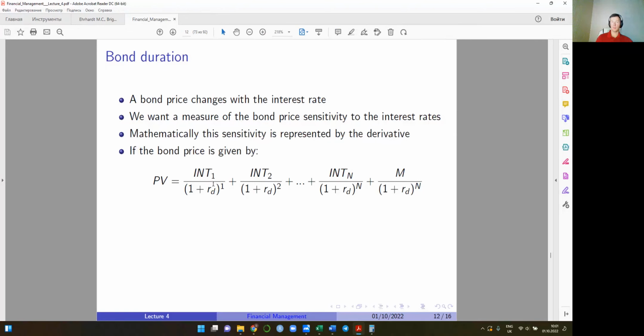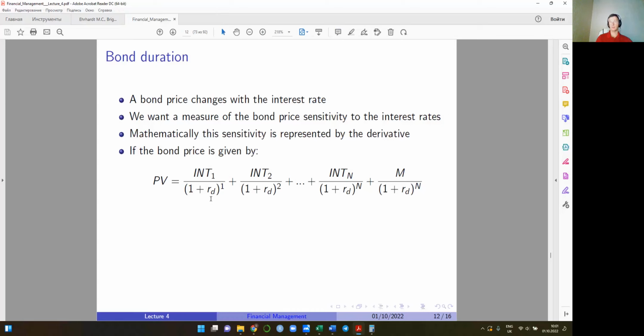And now we see one particular exogenous variable in this formula. Exogenous means that this variable is not set by an issuer of a bond. It is not set by the buyer of a bond. It comes from the market.